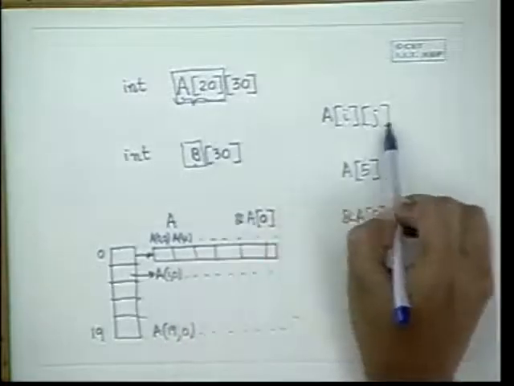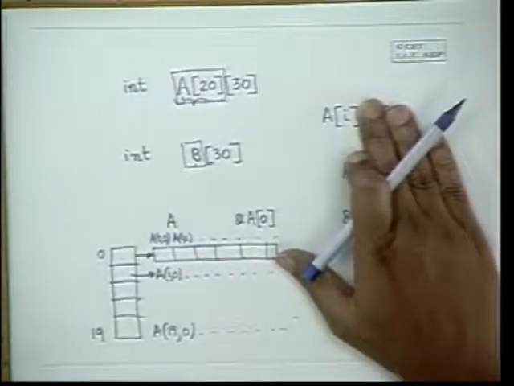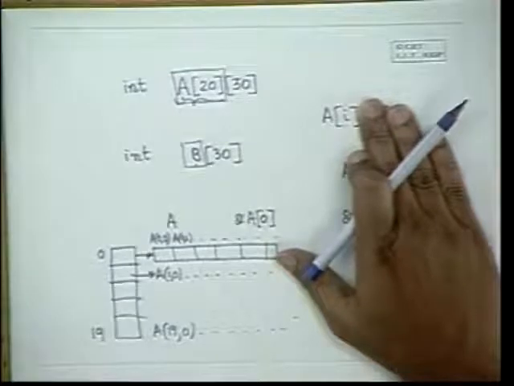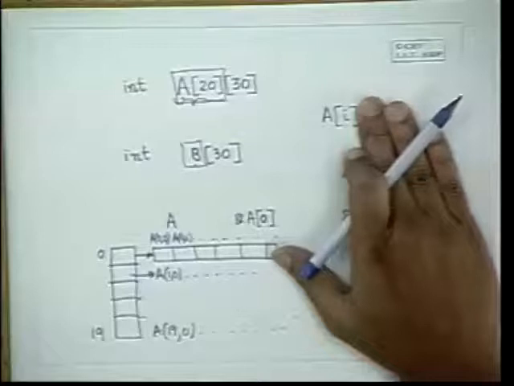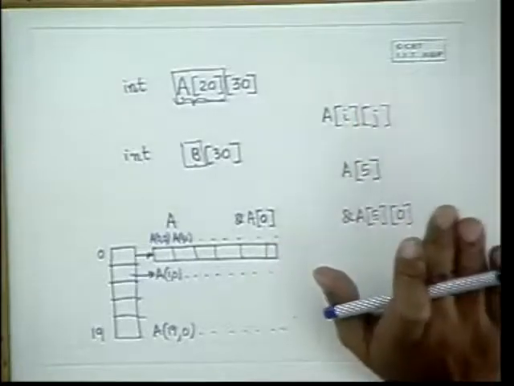Since the content is this, part of it will give you the address. A[i] will give you a one-dimensional array, but each element of that one-dimensional array is another one-dimensional array. That is the idea.